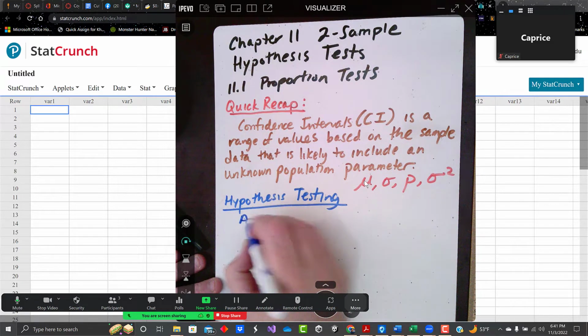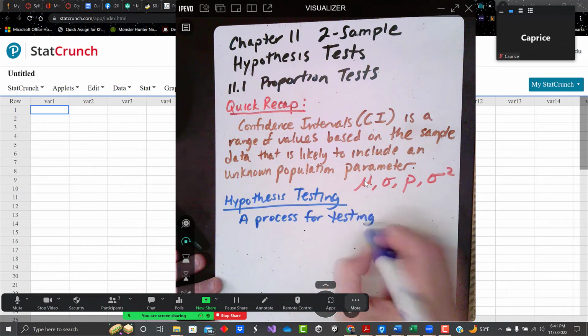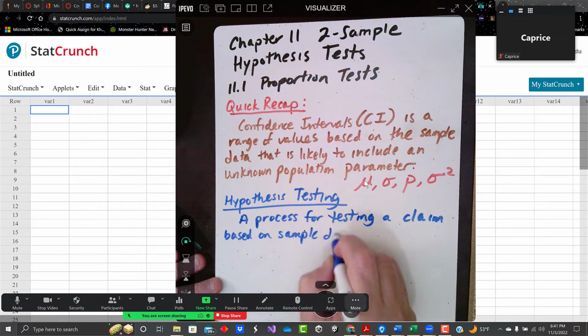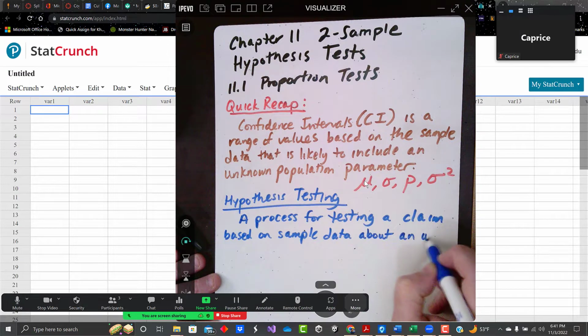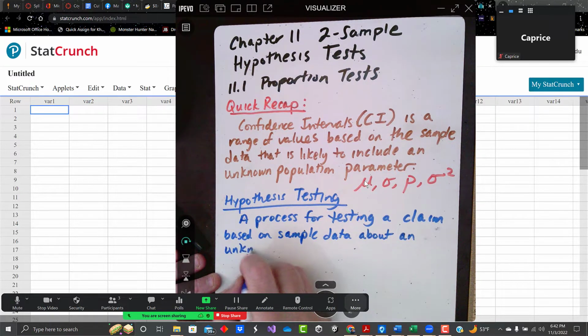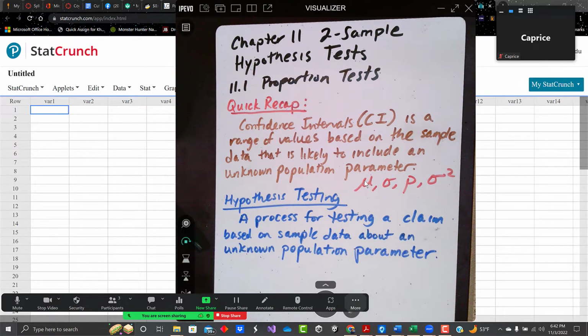This is a process for testing a claim based on sample data about an unknown population parameter. Yes, I can write that stuff down.